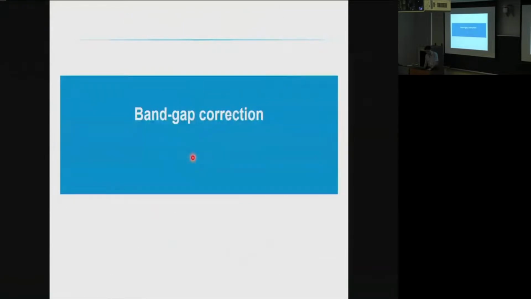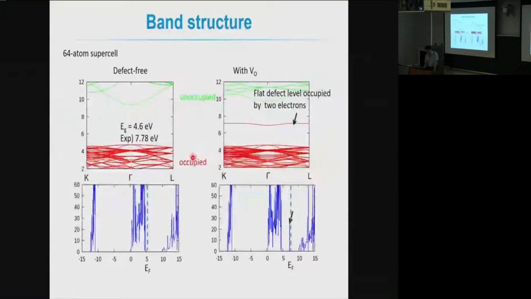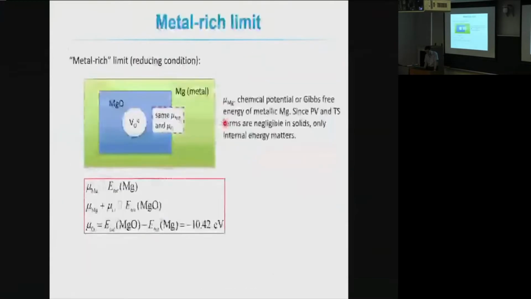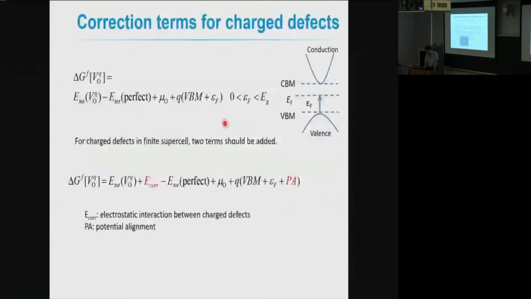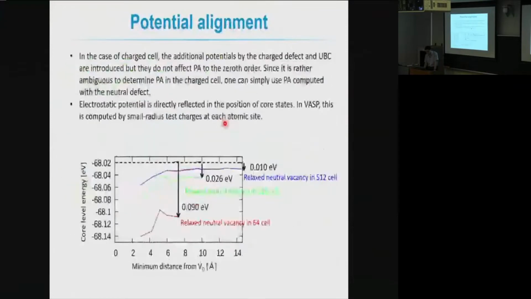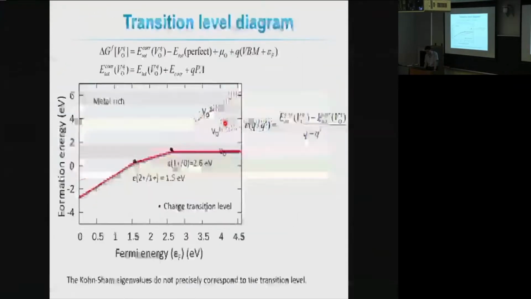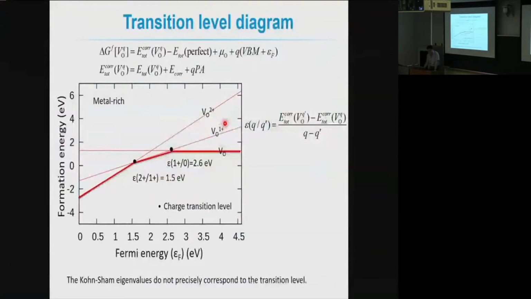And one thing that you can notice is that in the beginning we calculated the defect level, and the neutral defect level was about 2.5 electron volts above the Fermi level. But when you calculate the transition level, the first ionization is actually pretty similar, 2.6 electron volts.